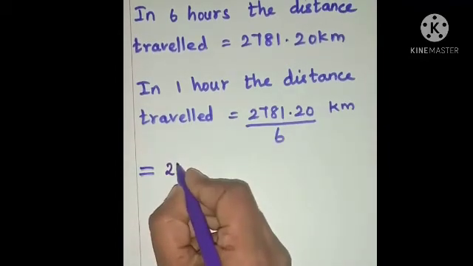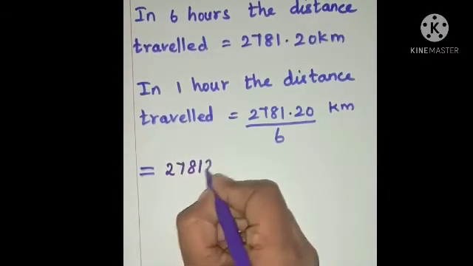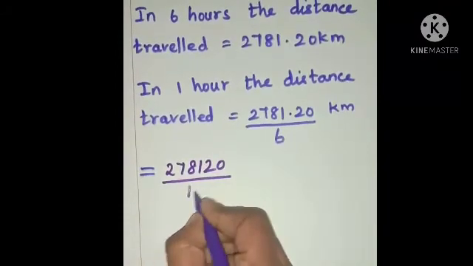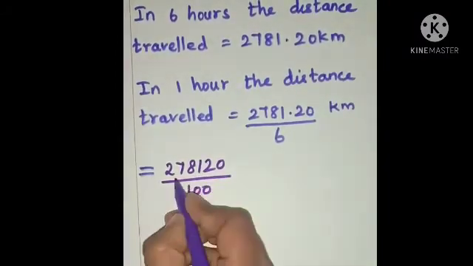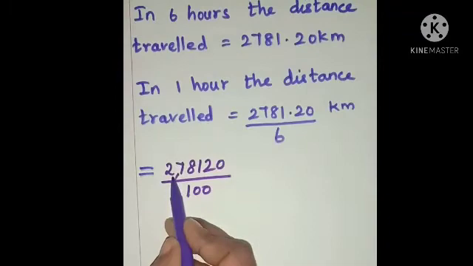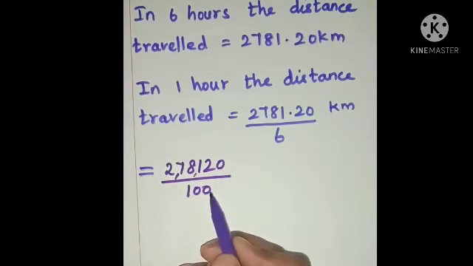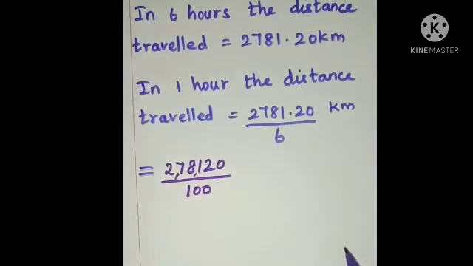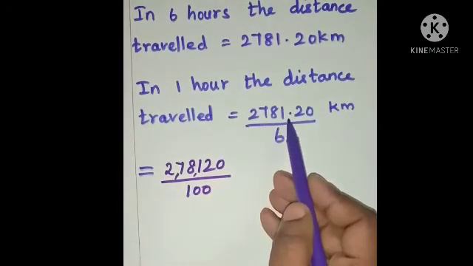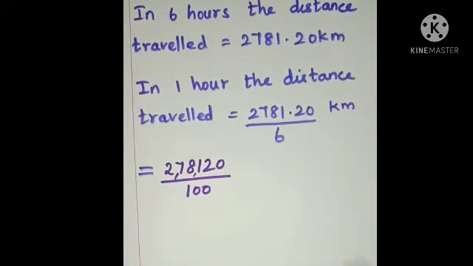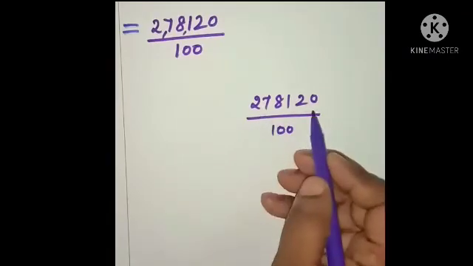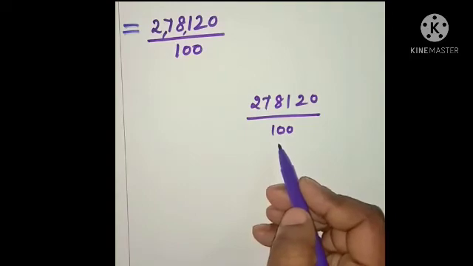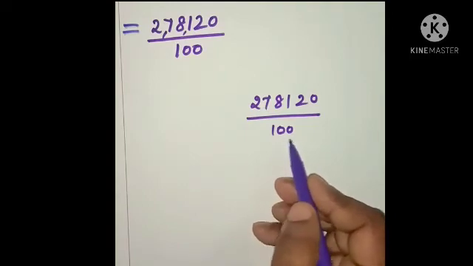Now, we can write 2,781.20 as, is it correct? 2,78,120 by 100. Yes, it is a fraction form of the decimal number 2,781.20. Because when the number is divided by 100, in the denominator there are 2 zeros.